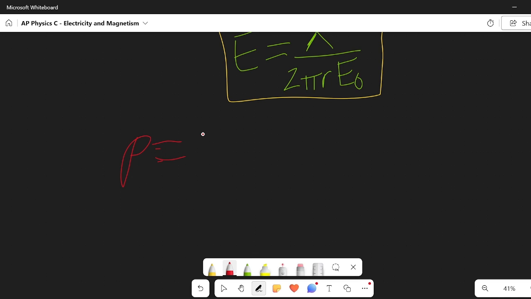The charge is proportional to the volume, so this will just be equal to Q divided by V. This is generally the best way to deal with this if you have a constant amount.